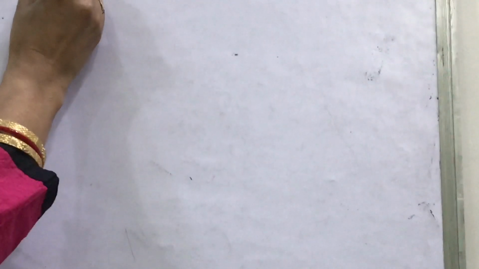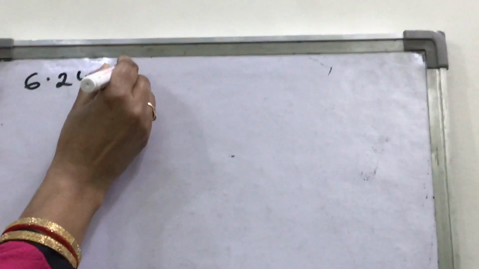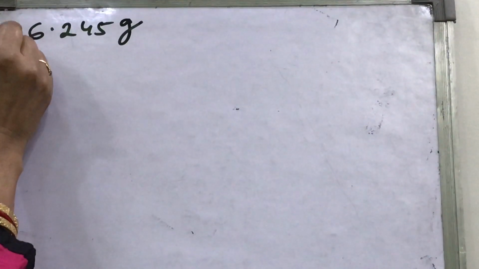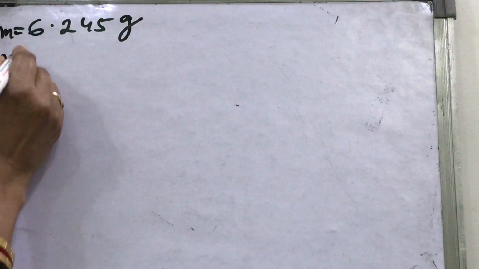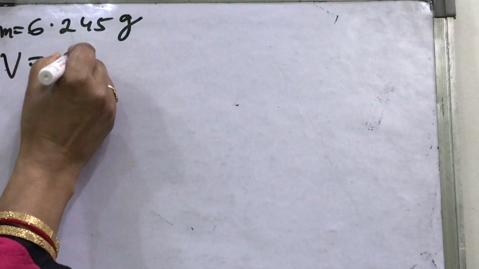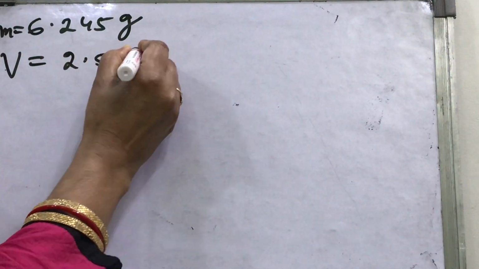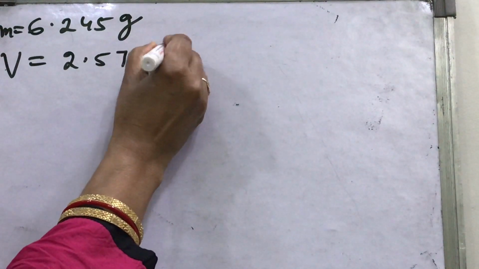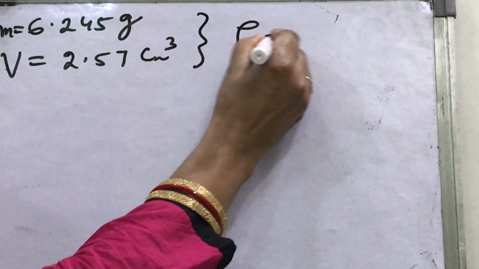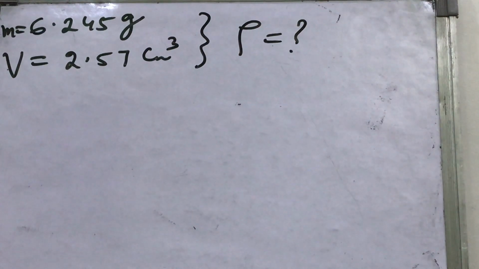I have taken the problem of finding the density of an object of mass 6.245 gram, and the volume of the object is 2.57 centimeter cube. Find the density in proper significant figures.